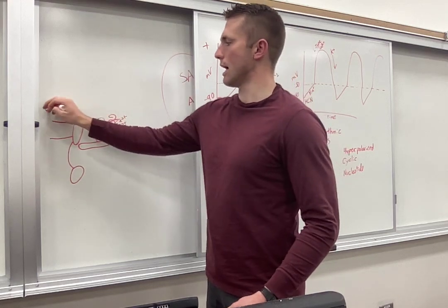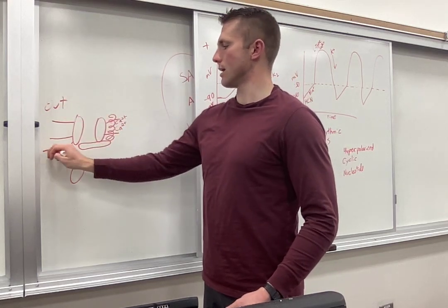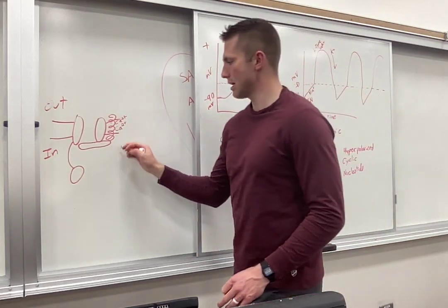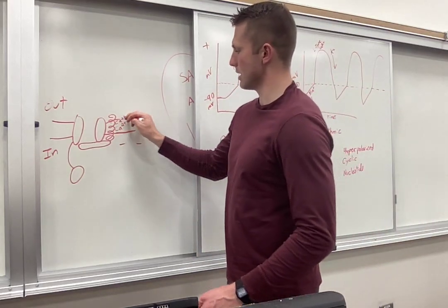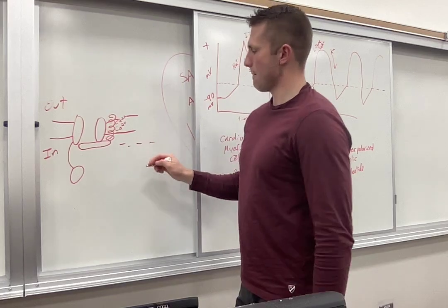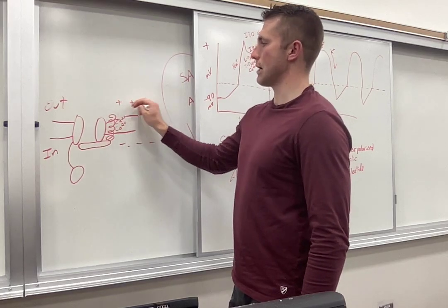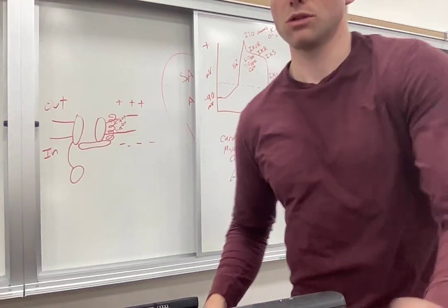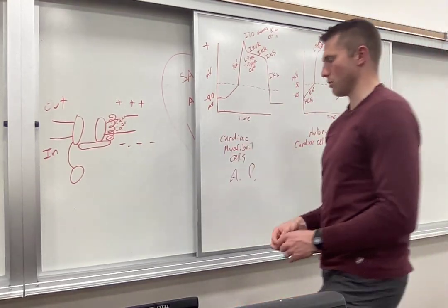Normally, here we've got out and in. When a cell has no action potential happening, normally there are negative charges on the inside and there are positive charges on the outside, created by the sodium-potassium pump, one of the most important pumps in the body. In fact, probably the most important pump.